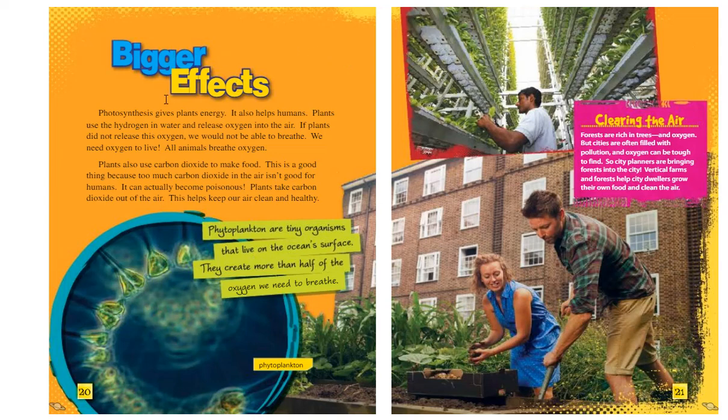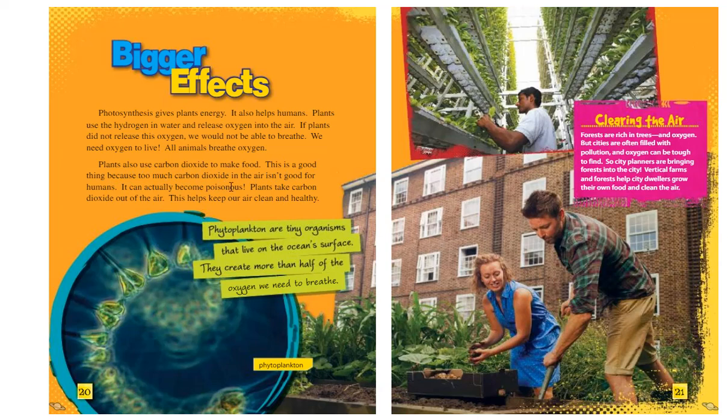Next up, bigger effects. Photosynthesis gives plants energy. It also helps humans. Plants use the hydrogen in water and release oxygen into the air. If plants did not release this oxygen, we would not be able to breathe. We need oxygen to live. All animals breathe oxygen. Plants also use carbon dioxide to make food. This is a good thing because too much carbon dioxide in the air isn't good for humans.